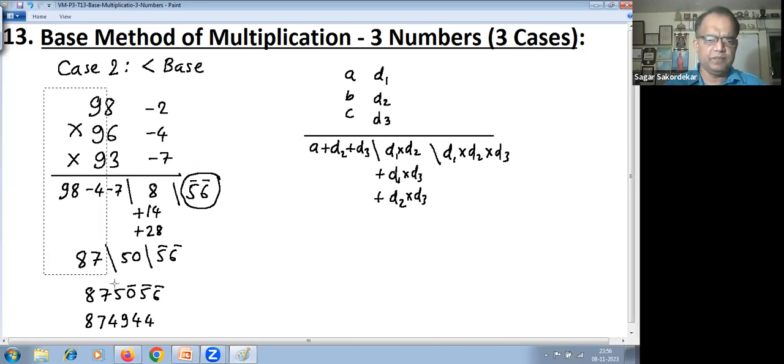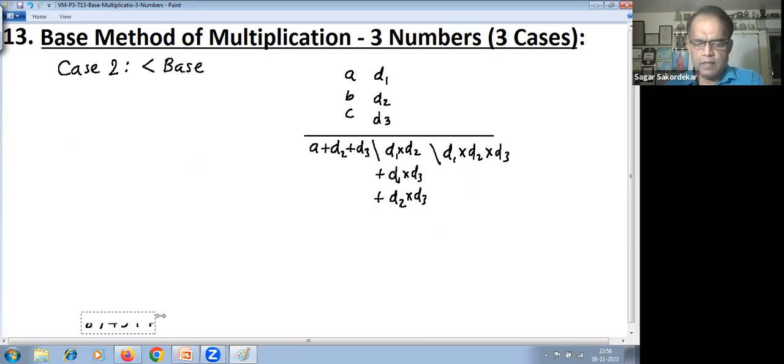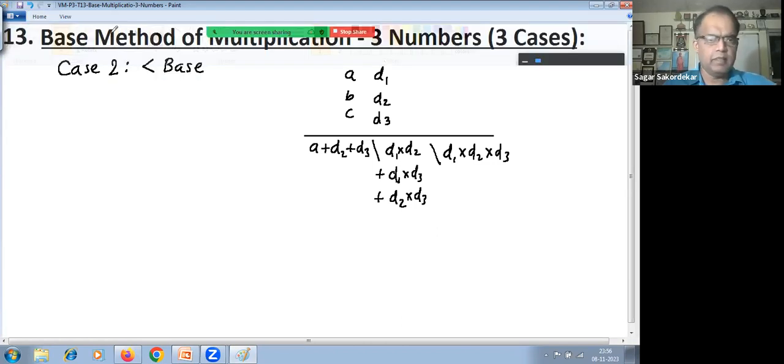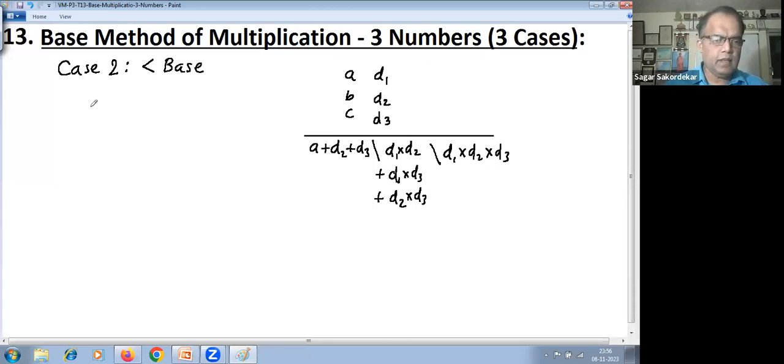Case 2. 93 multiplied by 94 multiplied by 95. So all three are less than 100 and near to 100.